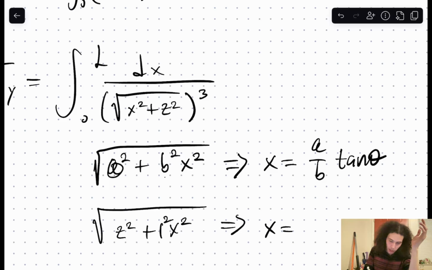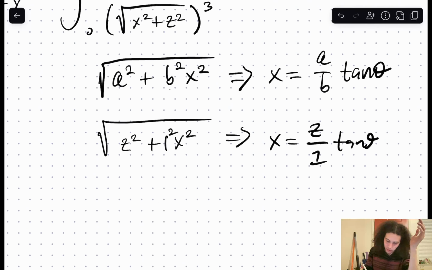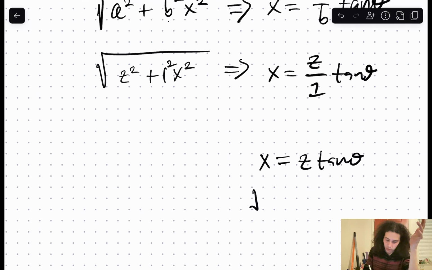Because here you have a squared, you only carry the a. Z over 1 tangent theta. Then x equals z tangent theta, because the bottom is just 1. The derivative of tangent, z being a constant, is z secant squared theta d theta.